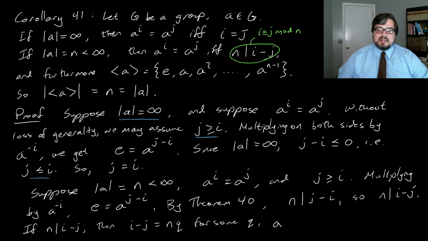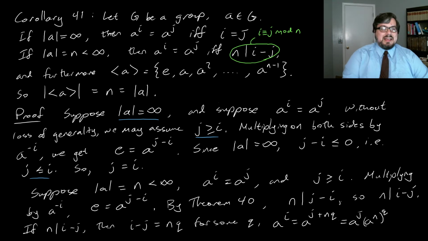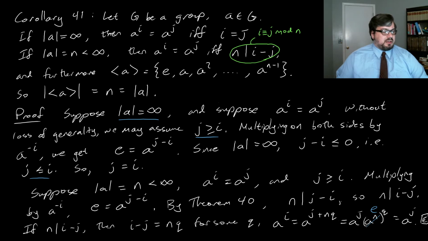And so we get that a to the i is equal to a to the j plus nq, which is a to the j times a to the n to the q, but a to the n is the identity. And so all this cancels out to just be a to the j, and that finishes off the proof.